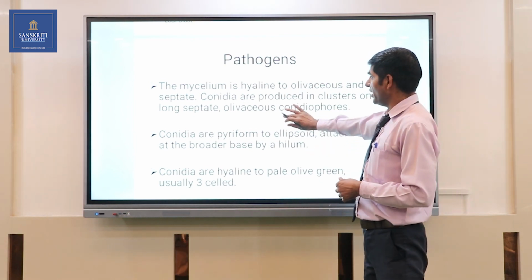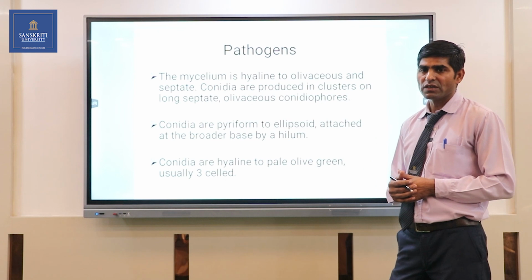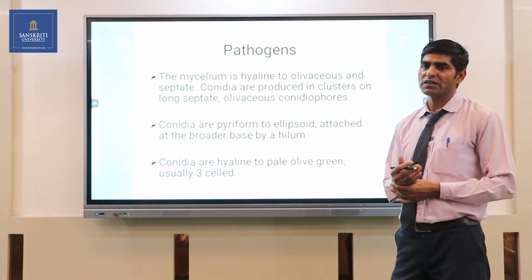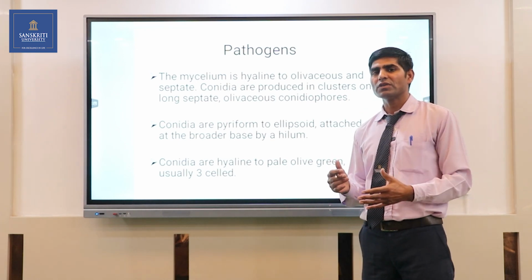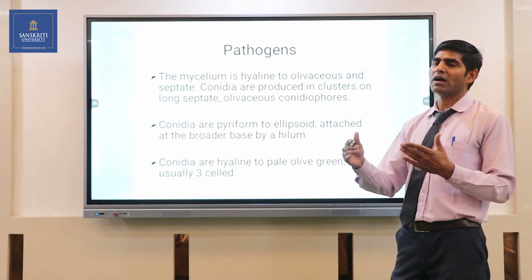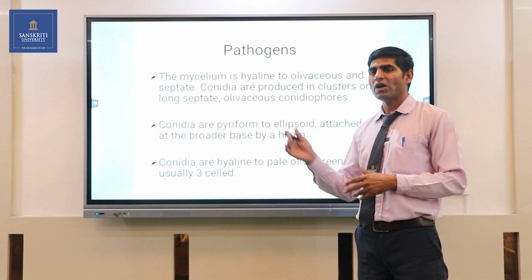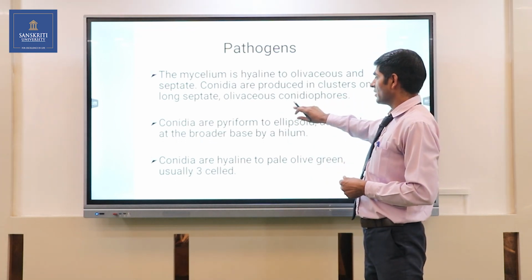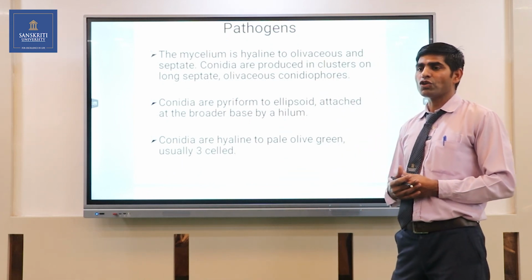And if we sow the infected seeds, what will happen? Ultimately the diseased plant comes from the infected seeds, and the disease is transmitted from one plant to another plant.